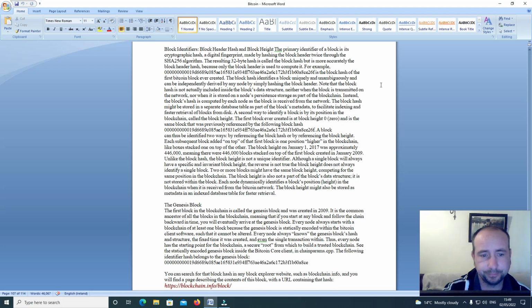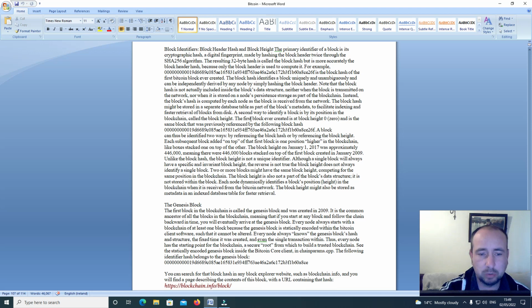Instead, the block hash is computed by each node as the block is received from the network. The block hash might be stored in a separate database table as part of the block's metadata, to facilitate indexing and faster retrieval of blocks from disk.